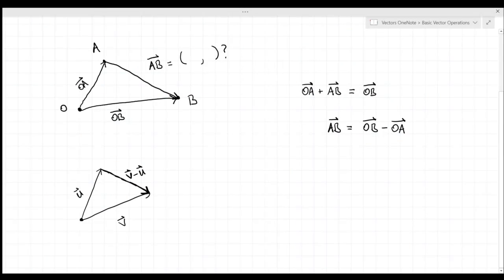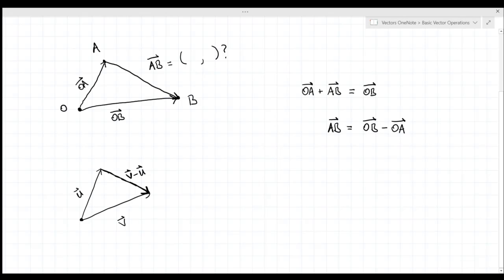So this would be vector v minus u in the picture, okay? So the way that I remember the order that you subtract in is I think of it as the final minus the initial. So it's like the vector ends at v and starts at u, so final minus initial, okay?